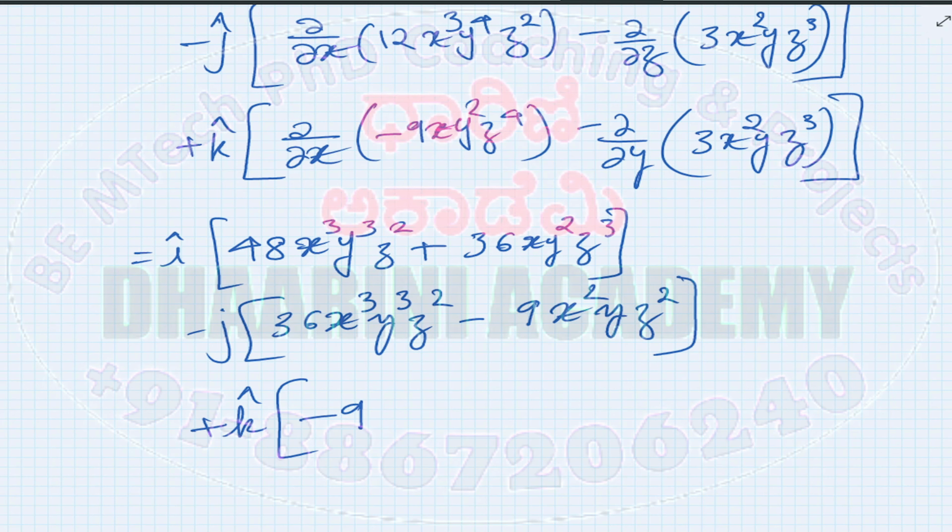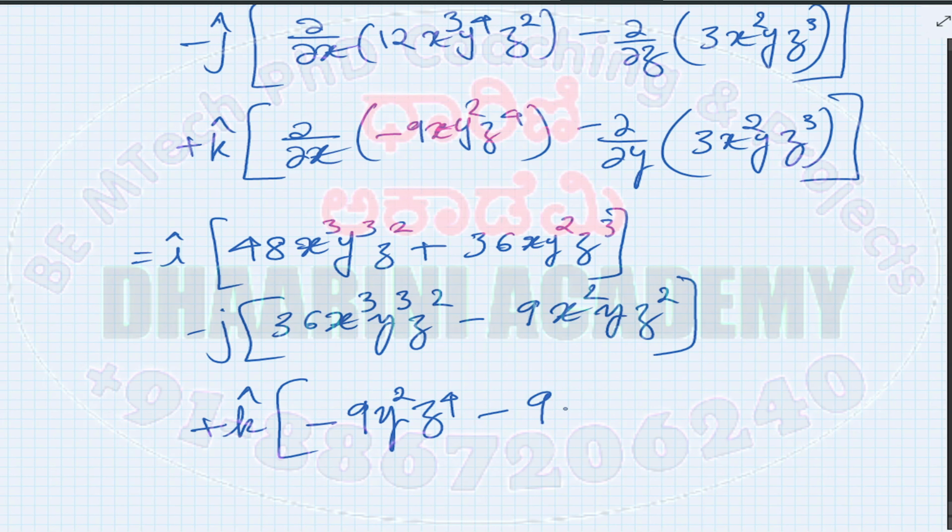So this is minus 9 y square z to the 4 minus differentiation with respect to y. So y vanishes. Is it 9? Sorry, it's just 3. My mistake. So this is minus 3 x square z cube. All right, so this is the final answer.